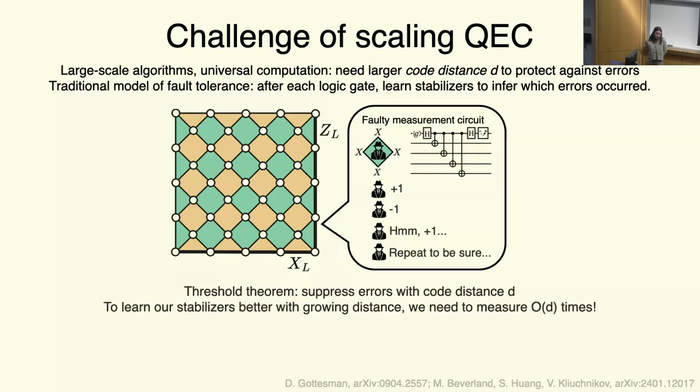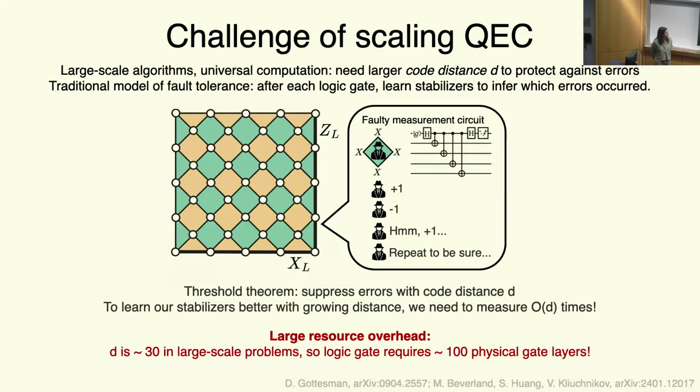And if we want to get this threshold theorem, we need to suppress errors better with growing code distance, which means that in principle, we need to learn our stabilizers better with growing distance. And in practice, this means measuring our stabilizers on the order of d times.